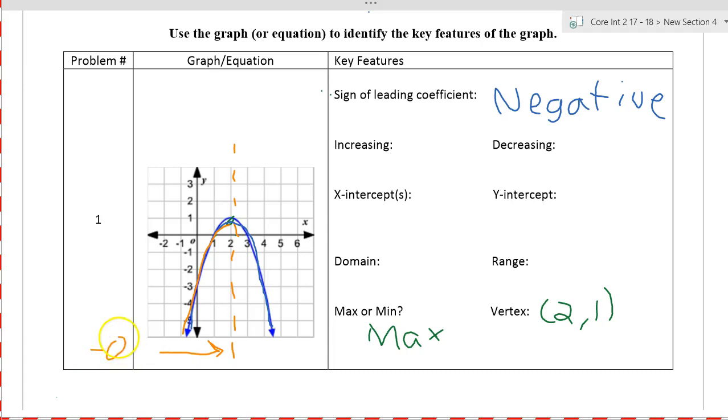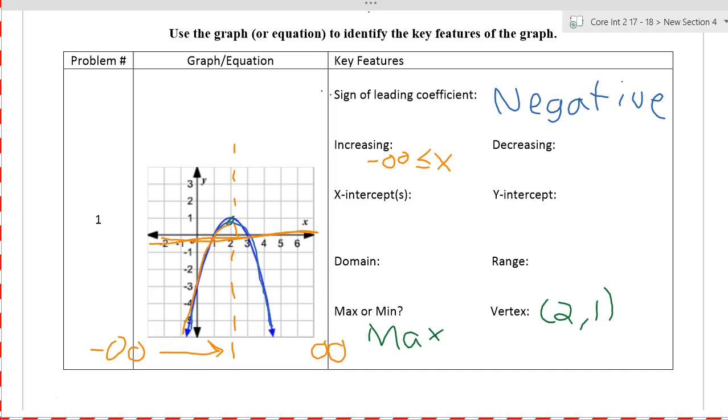Where do we start increasing? Well, over here is negative infinity, over here is infinity, if you look at your x-axis. So it is increasing from negative infinity less than or equal to x. Where does it stop increasing?